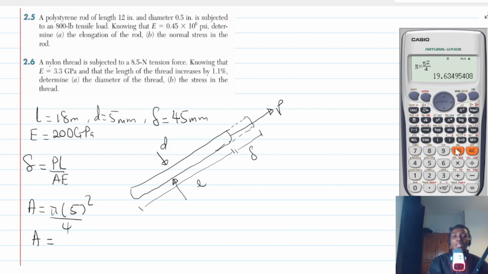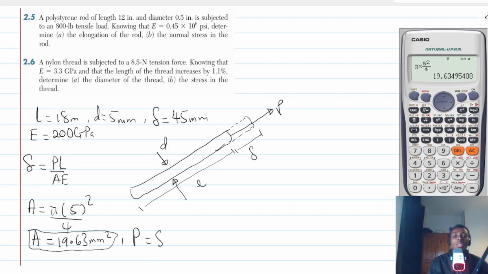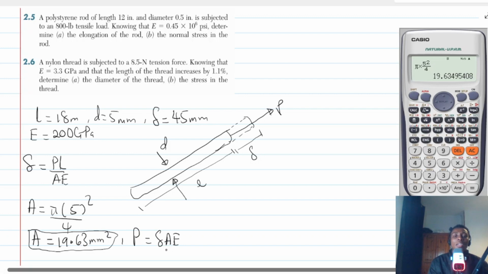And what is that? 19.63. So the area is 19.63 millimeters squared. Once we know the area, we can go ahead and solve for P.